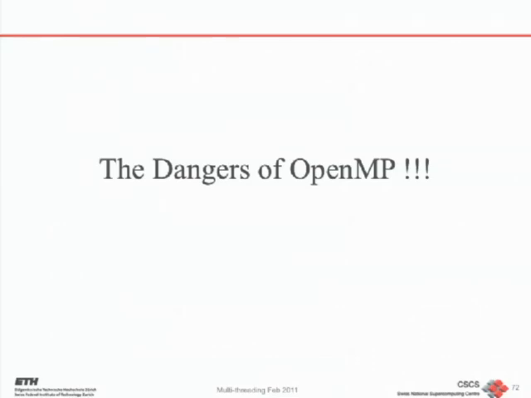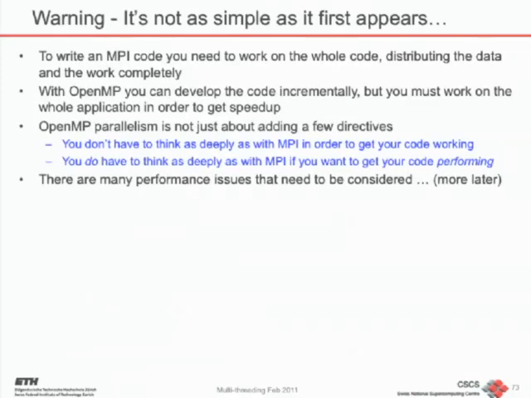And so then, just to finish off with the dangers of OpenMP and some things to consider. It's not as simple as it first appears, or actually it is as simple as it first appears, but not if you want performance. You can develop the code incrementally, but you have to do the whole code if you want to get some speed up. And it's not just about adding a few directives.